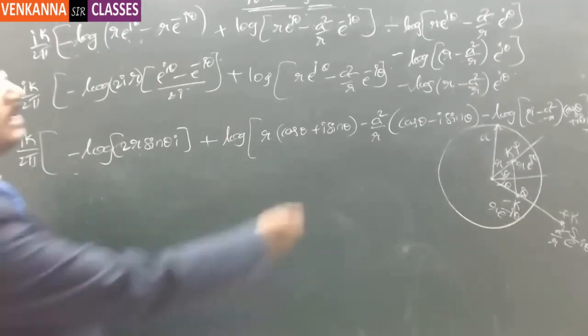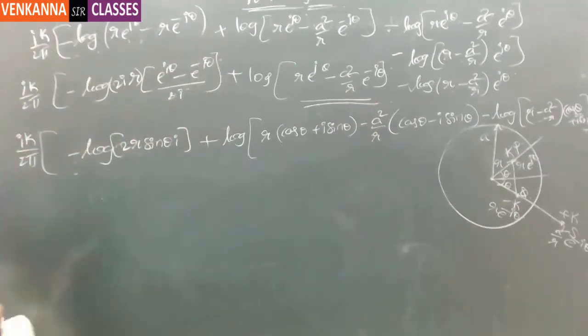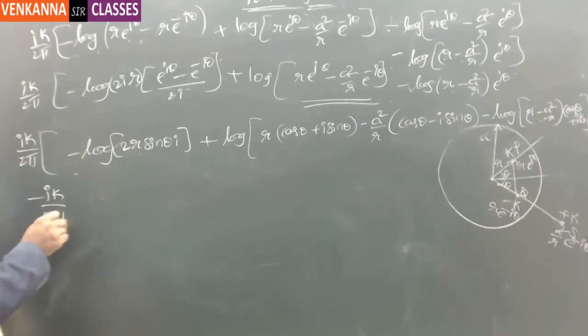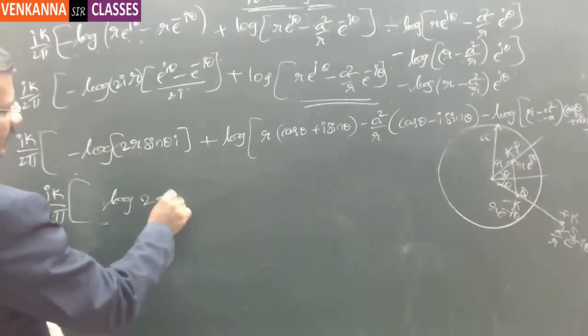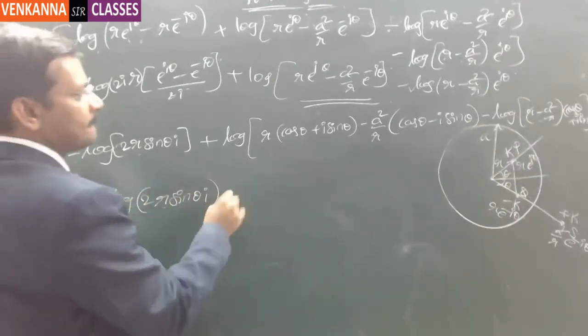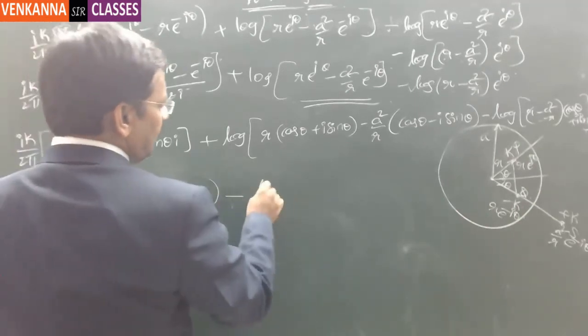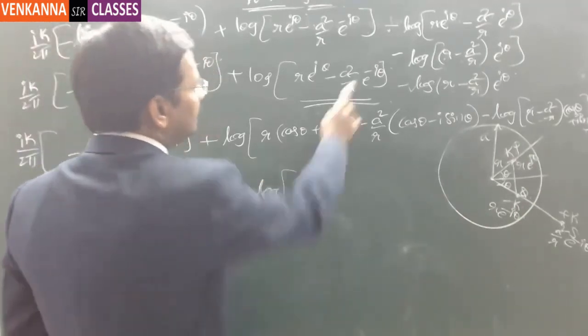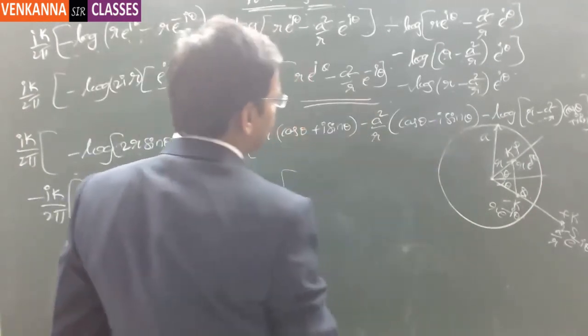I think we need to simplify this. You can keep it as it is. So here, if you take minus outside, minus ik by 2 pi, and then this will be log 2r sin theta times I, plus, so this will become minus log, so this is cos theta plus I sin theta here and cos theta minus I sin theta here.